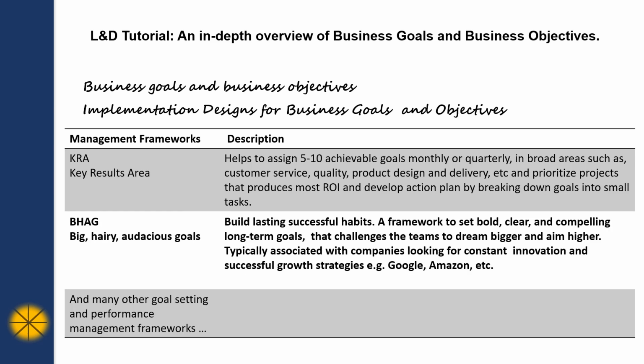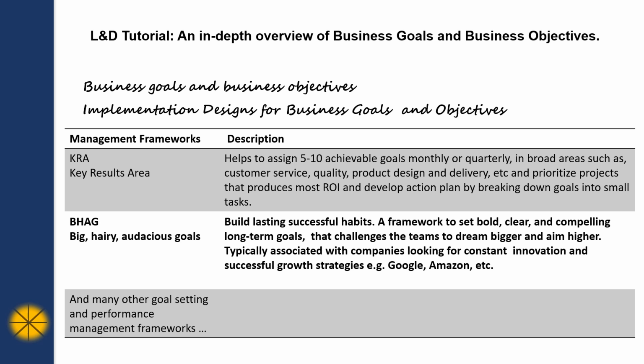So there are many management systems that help realize goals successfully, such as KRA, Key Results Area, that helps to assign 5 to 10 achievable goals monthly or quarterly in broad areas such as customer service, quality, product design, etc., and prioritize projects that produces most return on investment and help develop action plan by breaking down goals into small tasks.